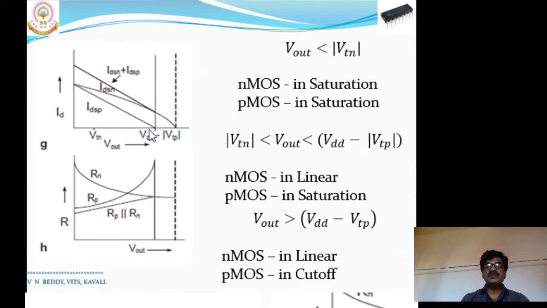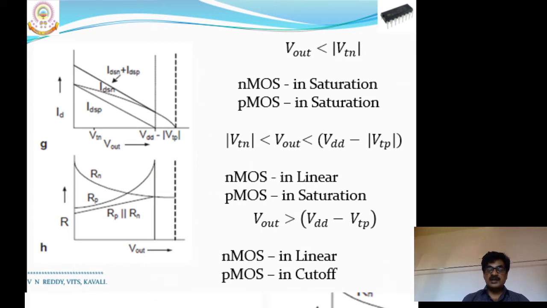Here, this is the point where the PMOS transistor goes to cutoff. That's why its current IDSP becomes 0. Similarly, the corresponding resistance of the PMOS transistor goes to infinity whenever the current is 0.